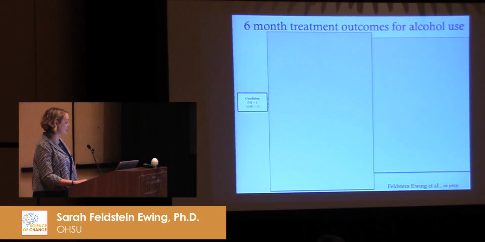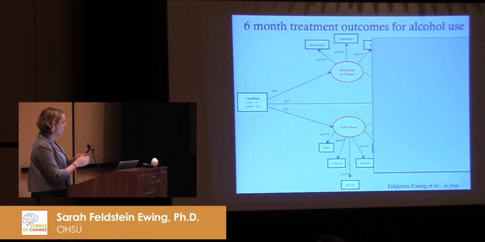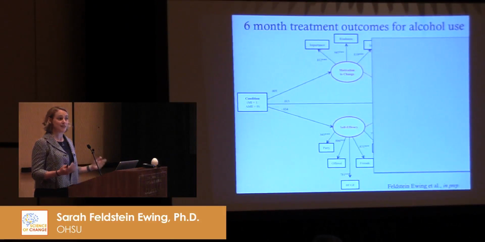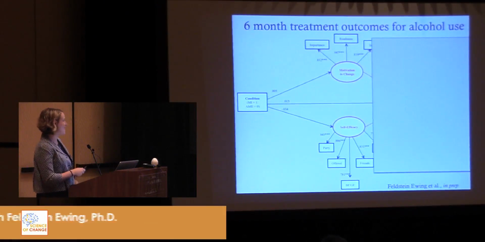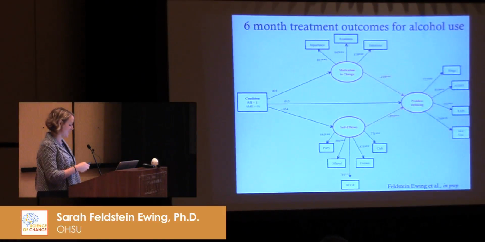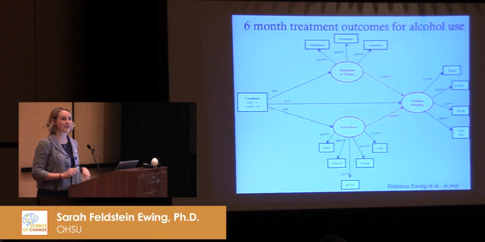And so this is the 3-month outcomes, and so these are our proposed mediators. We thought motivation to change at 3 months and self-efficacy would surely, that treatment would change those 2 things. And what you'll see is it did not. You'll also see this very sad dark line of how there was no difference in treatment condition at 6 months for problem drinking.